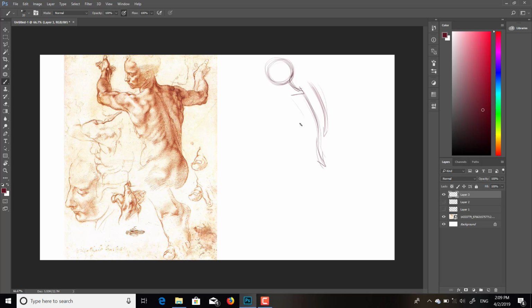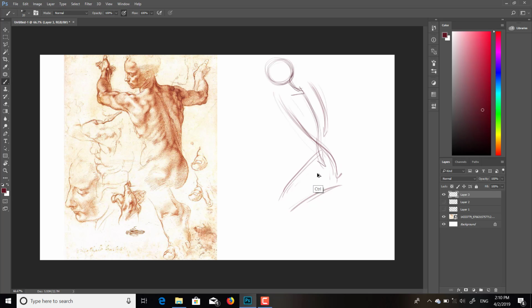And as you can see, body here is twisted. Something like this. And then we get upper leg. Okay.